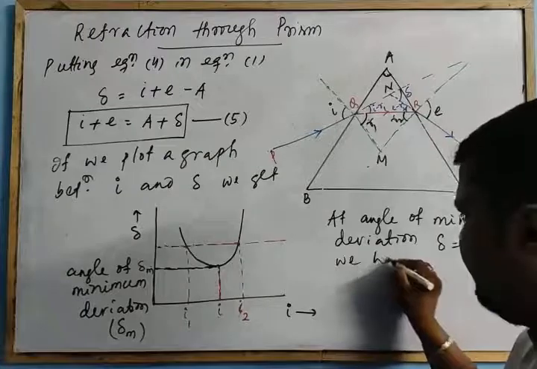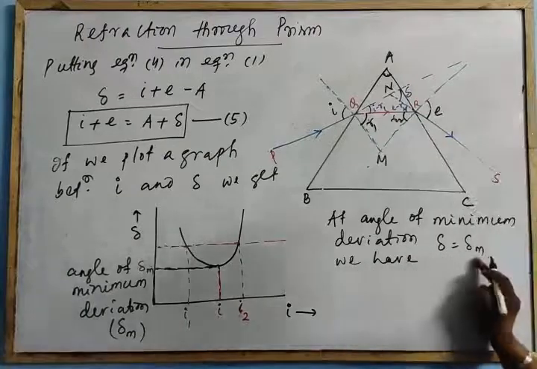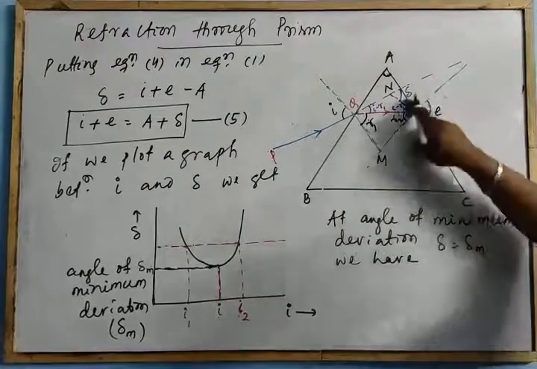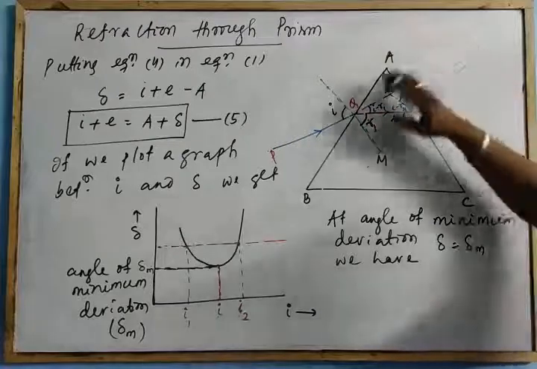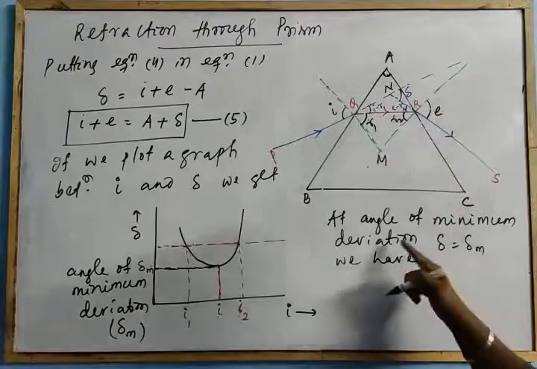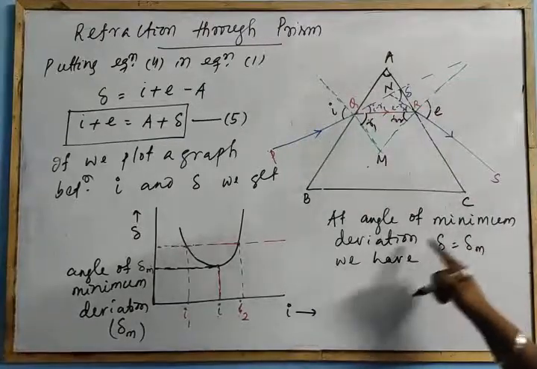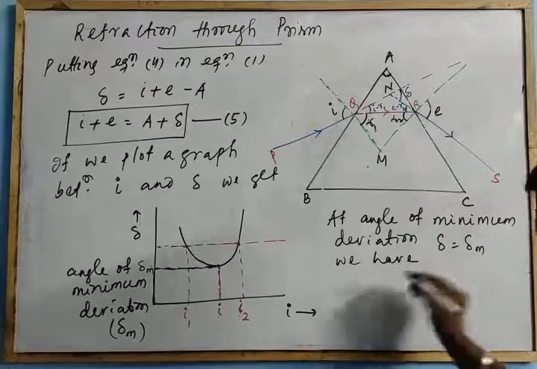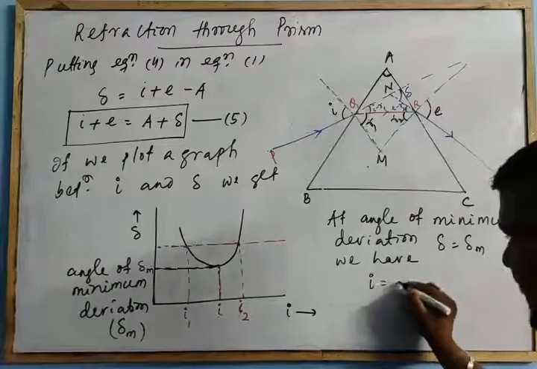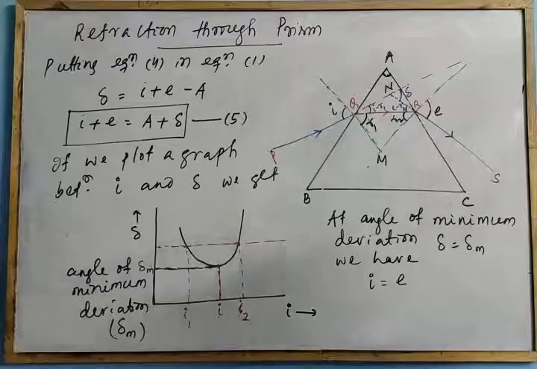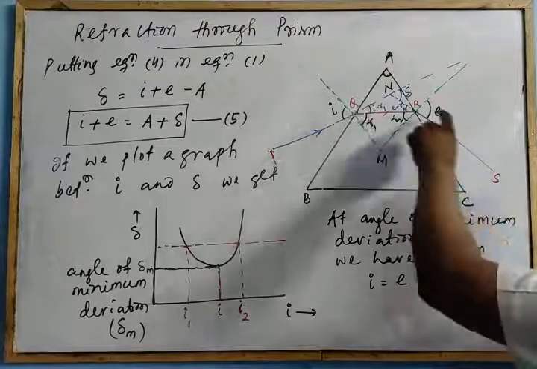Remember always, when delta is equal to delta m, this is the minimum deviation for a prism. When this occurs, we have angle of incidence equal to angle of emergent. I is equal to E.